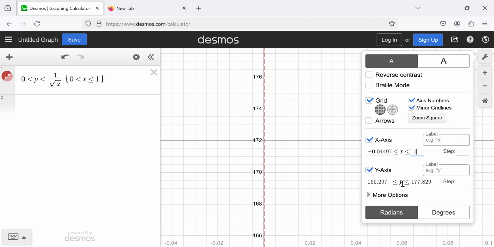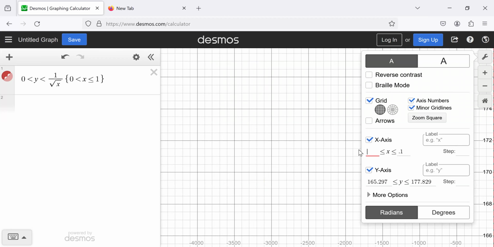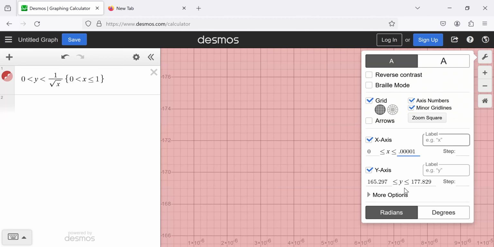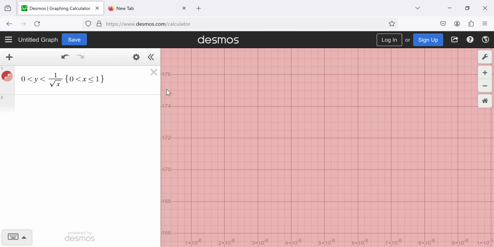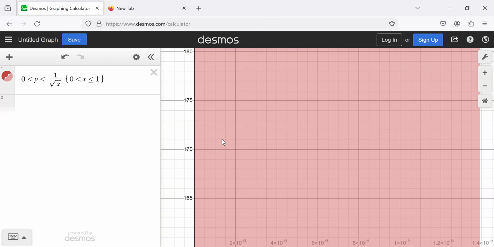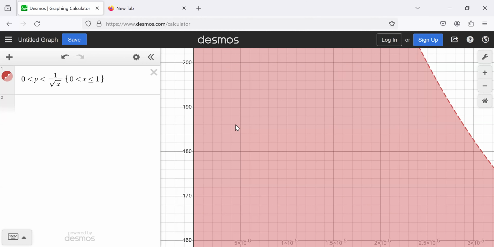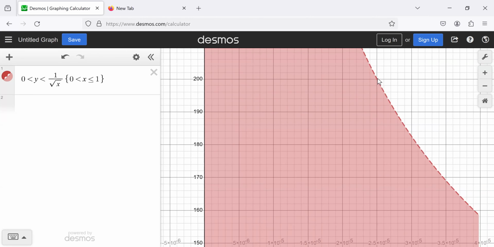But let's see. Come on, Desmos, work with me. I am sitting in an inconvenient place. There. So we see that we go up to 176 or whatever. I mean, we still have area under the curve.